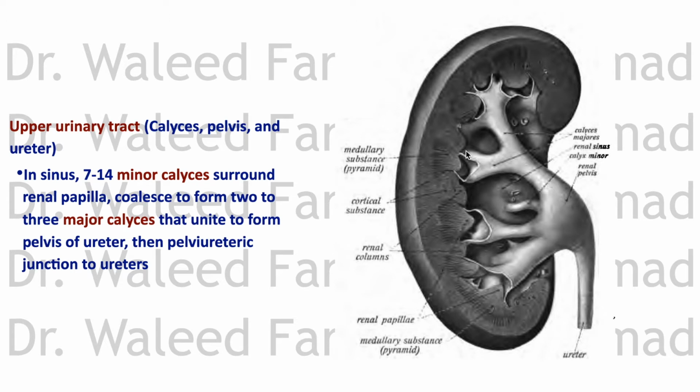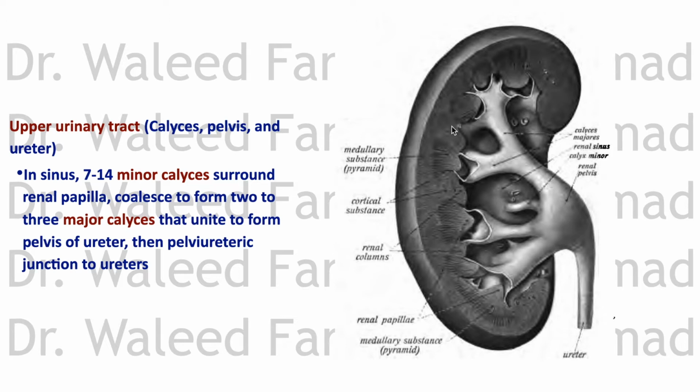And if faulty meeting happens between the calyces and the corresponding papillae, this will lead to accumulation of urine inside the kidney in the form of cysts, and this is the typical case of polycystic kidney.